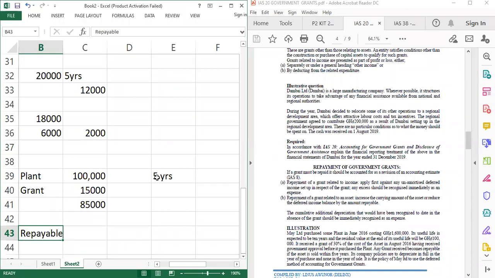If the grant becomes repayable, how much are we paying? 9,000. No, the grant becomes repayable. It means that we are paying in full. The 15,000 that you have taken, you pay all. So we are paying all the 15,000.